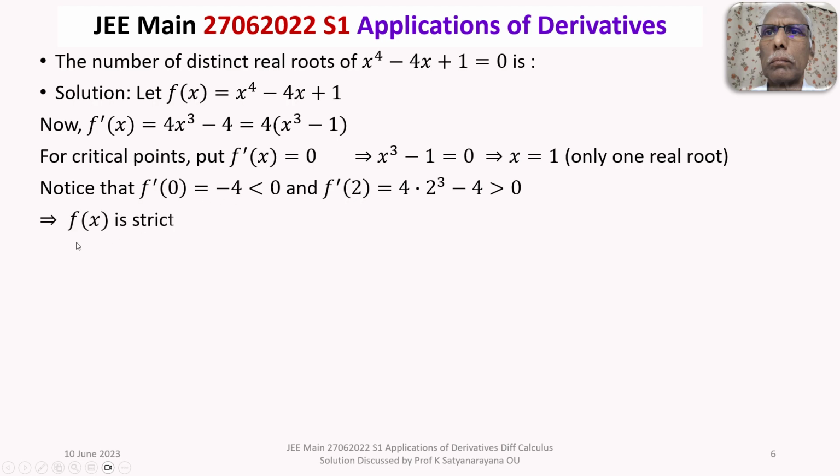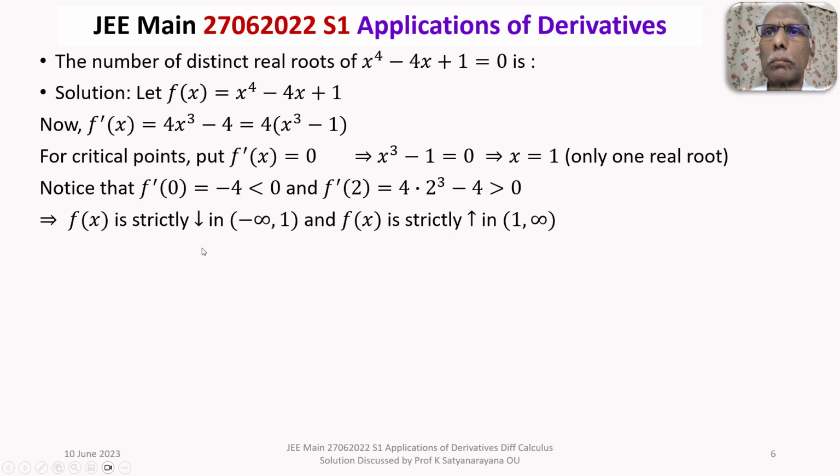So from this, f of x is strictly decreasing in minus infinity to 1, and f of x is strictly increasing in 1 to infinity because f prime 2 is greater than 0.